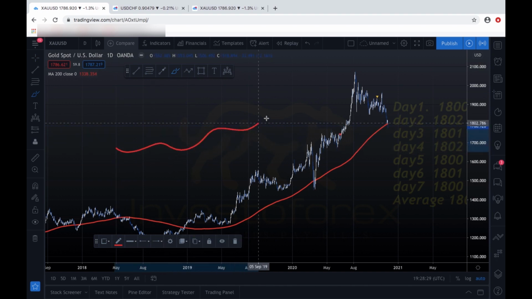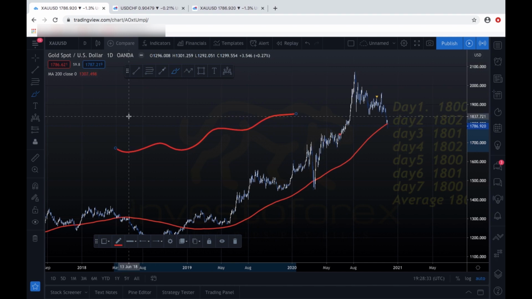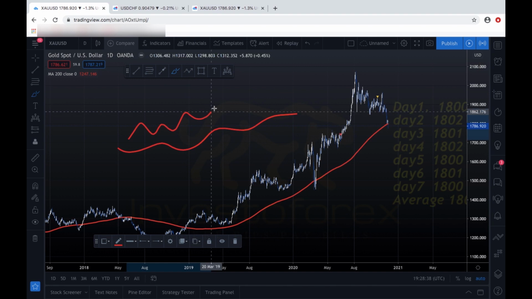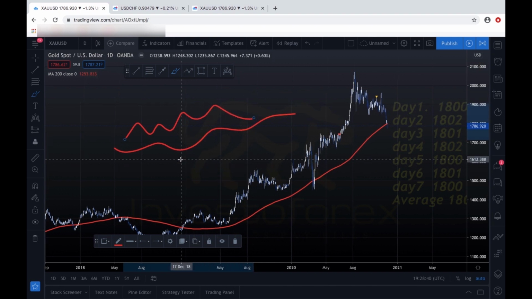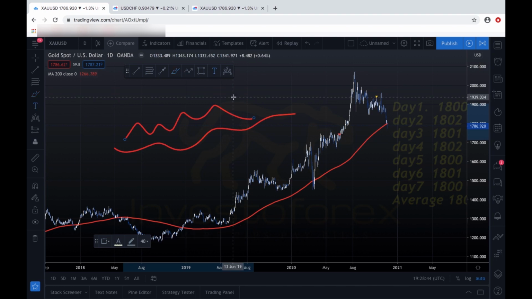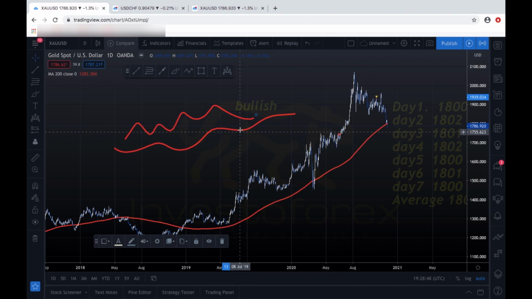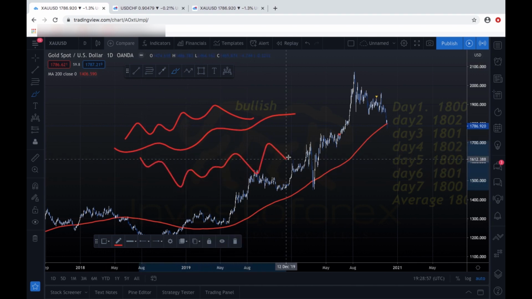So if this is our moving average, and the prices happen to move above this, that means the price is bullish. And if the price happens to move below the moving average, then the price is bearish.